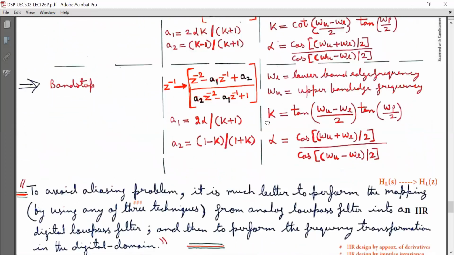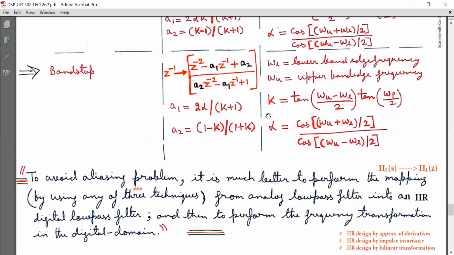Now our motive is to design the IIR filter. Now to avoid aliasing problem, it is much better to perform mapping, that is H(S) to H(Z), by using any of 3 techniques, that is IIR design by approximation of derivative, IIR design by impulse invariance, IIR design by bilinear transformation. From analog low pass filter into an IIR digital low pass filter first, and then to perform the frequency transformation in the digital domain.